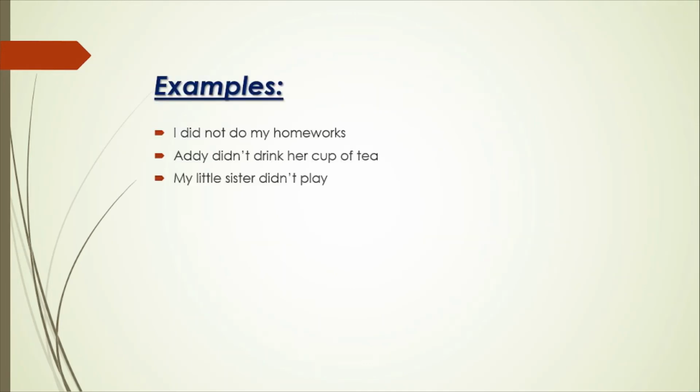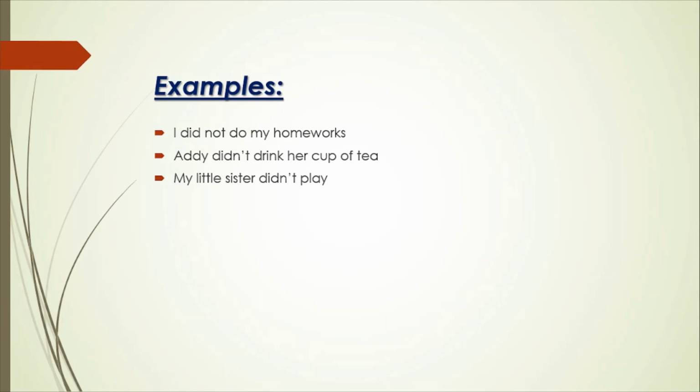Examples. I did not do my homeworks. Addie didn't drink her cup of tea. My little sister didn't play. So did not or didn't, that's the same thing. Didn't is the short form of did not. That's it. So I repeat the examples.